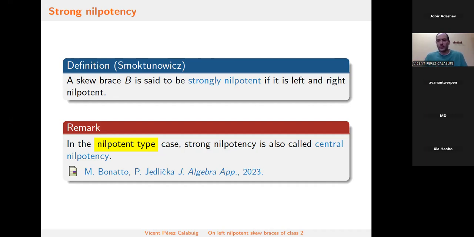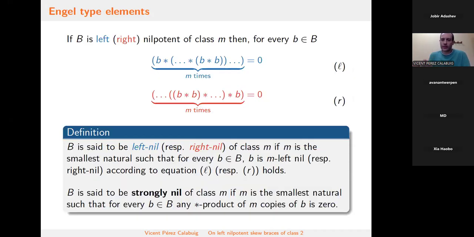So here the main aim is very clear. The aim is to try to give easily checkable sufficient conditions to ensure either left or right nilpotency. So the first approach consists in considering nil type elements for the star product.